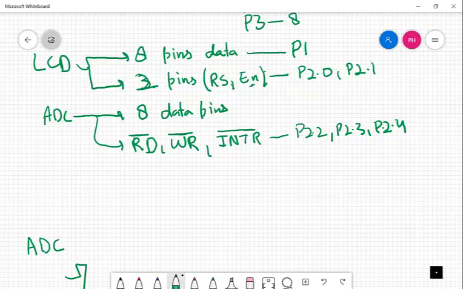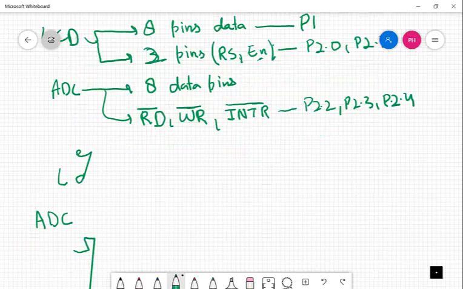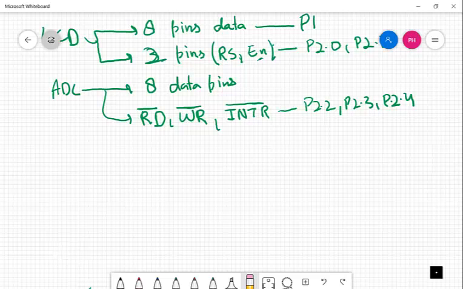And then we have 2 more pins. We have 2 LEDs. We might use port pins 2.5 and 2.6 for these two LEDs. And for the ADC 8 data pins we will use a separate port, for example port 3.